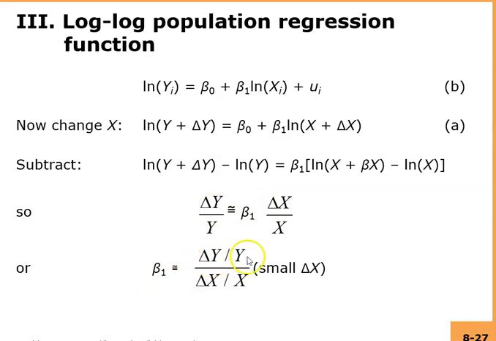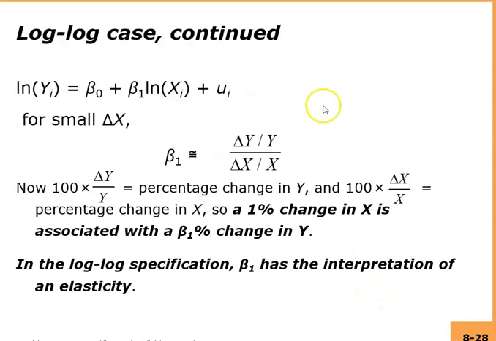the percentage change in y divided by percentage change in x, and this will hold true for all small changes in x. So if this is the regression equation that we are estimating, for small changes in x, beta 1 will be equal to percentage change in y divided by percentage change in x.